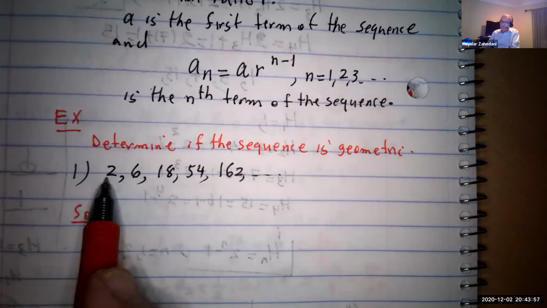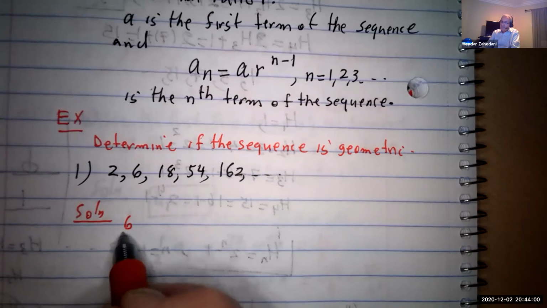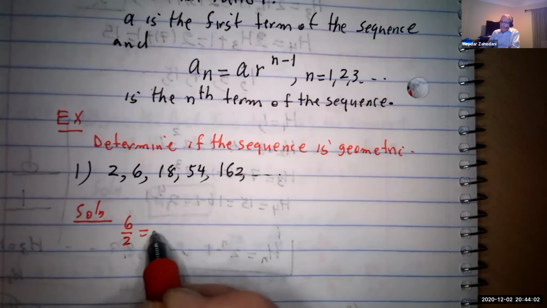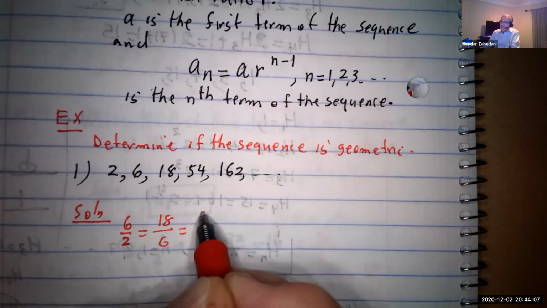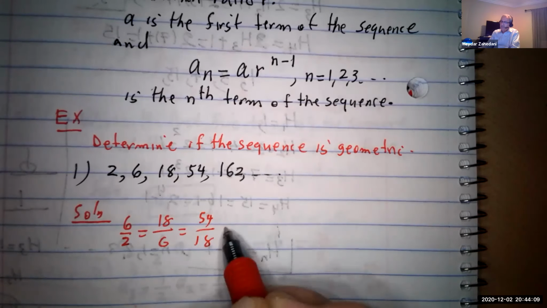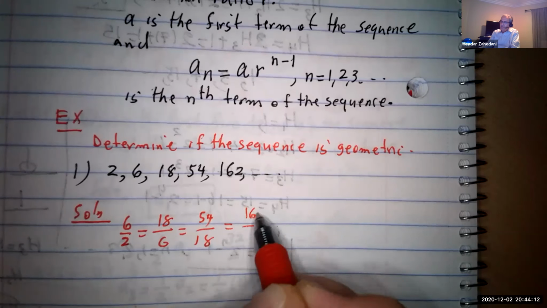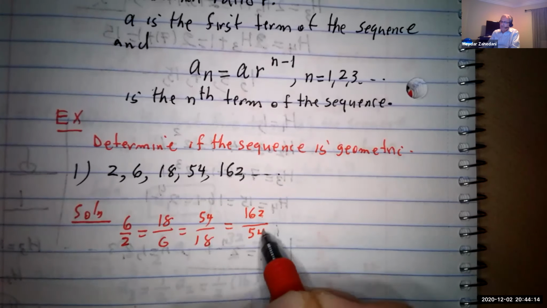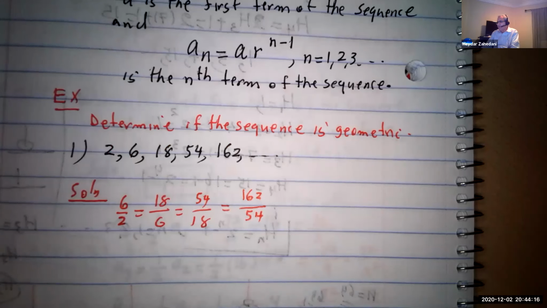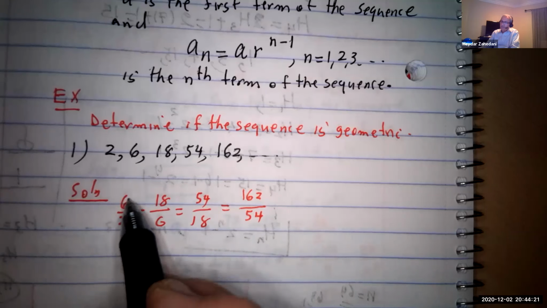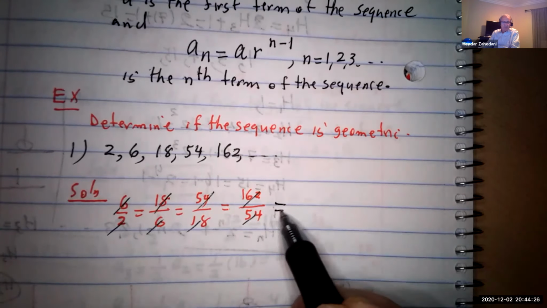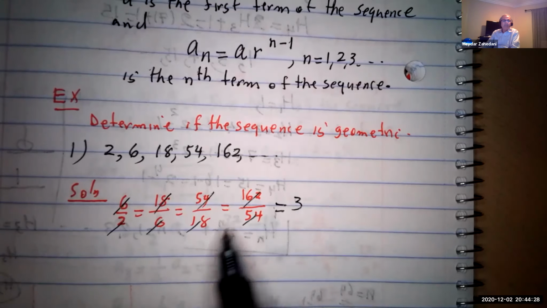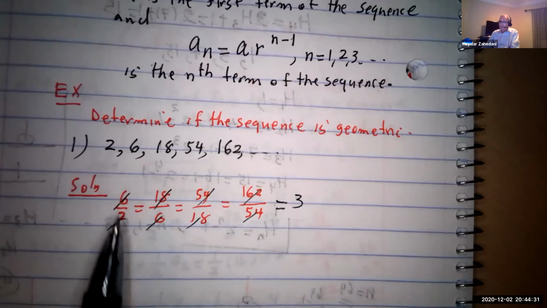So the ratio of 6/2 is 3. So you see 6/2, 18/6, 54/18, and 162/54. So you have to check all of them to make sure that they are all equal to each other. If you simplify it, all of them should give you 3.